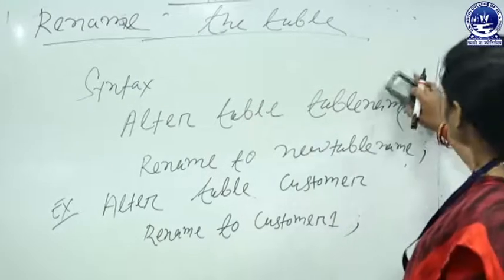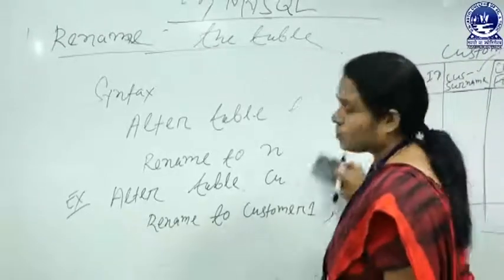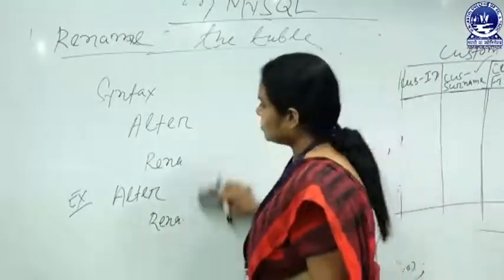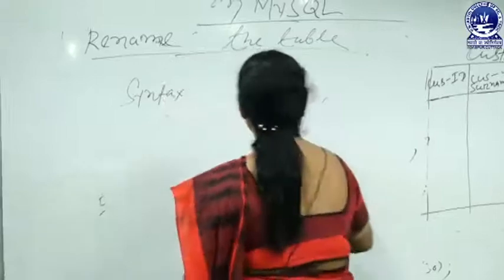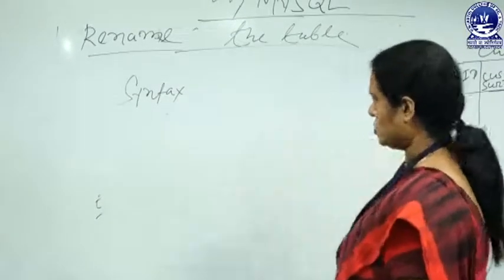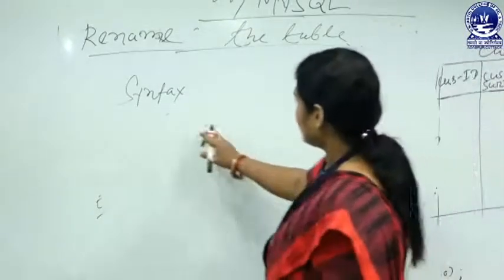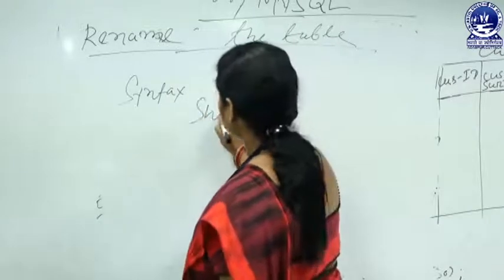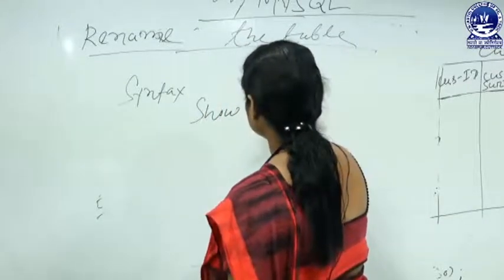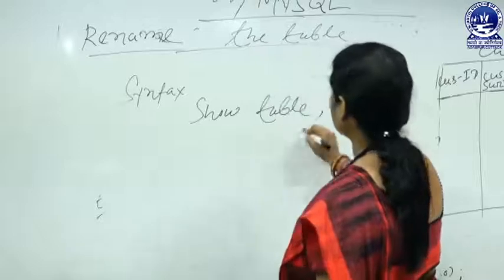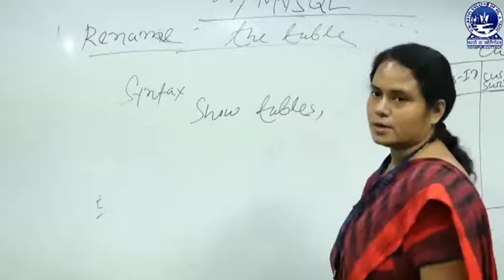To show whether it exists in the system, we write the command show tables, semicolon.